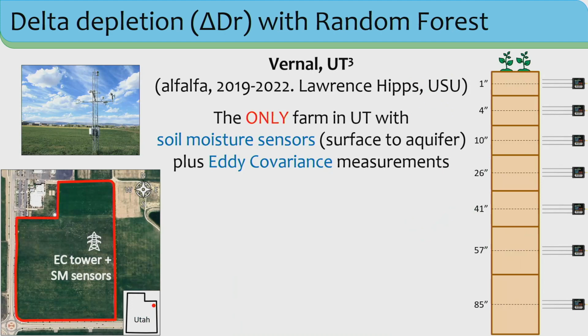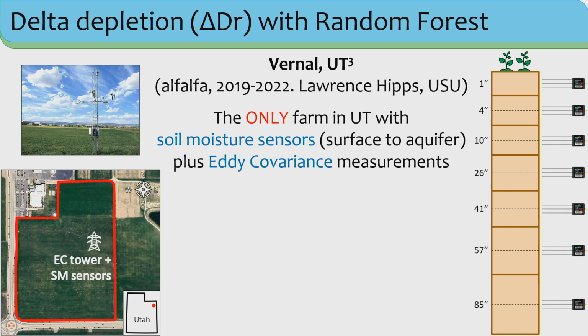Now, modeling these changes in soil water storage is very difficult for one major reason. There is not enough data, and this was just highlighted in the plenary again.